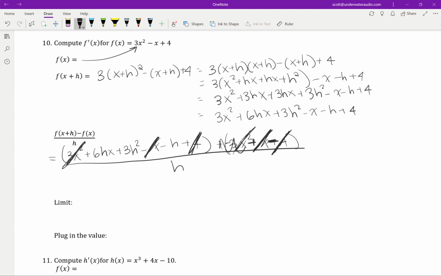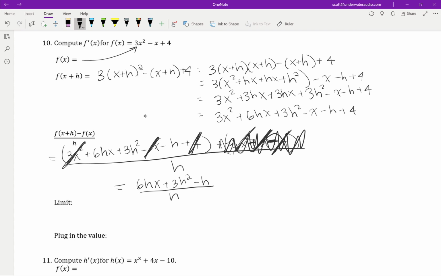So this whole second term completely went away. That is a good sign. That should happen every time. So now I'm left with 6hx plus 3h squared minus h all over h.